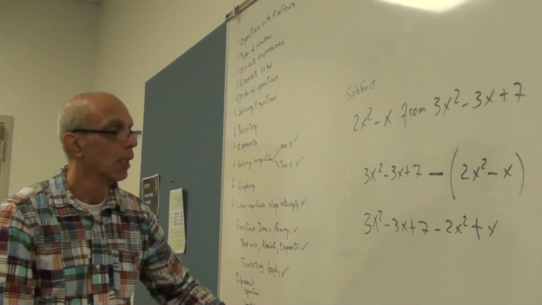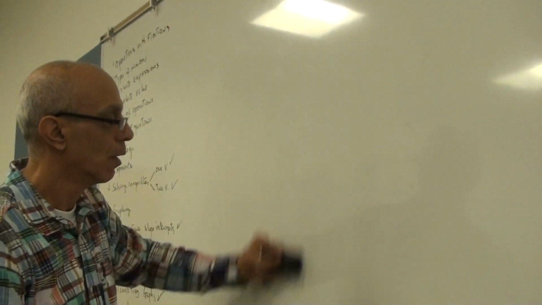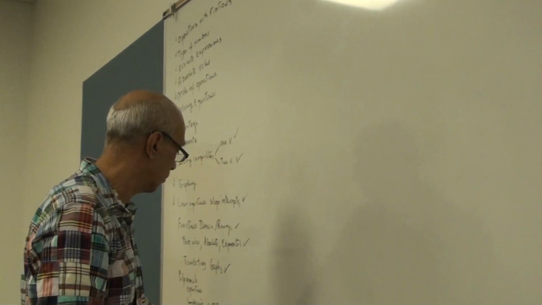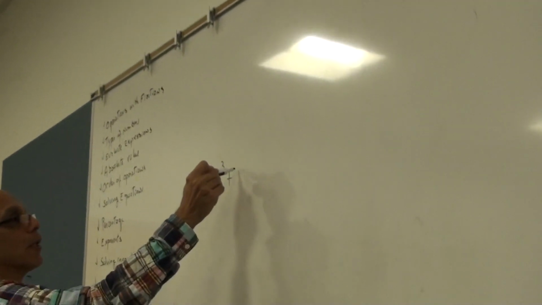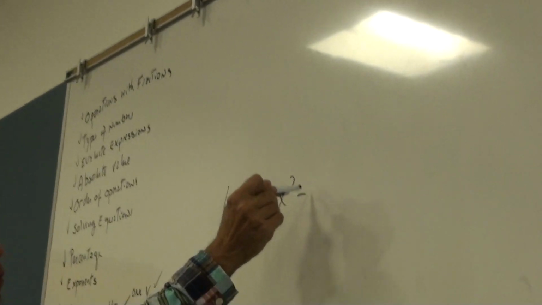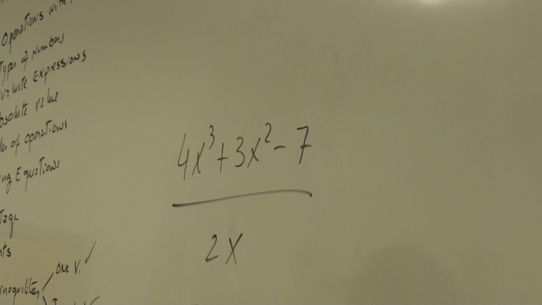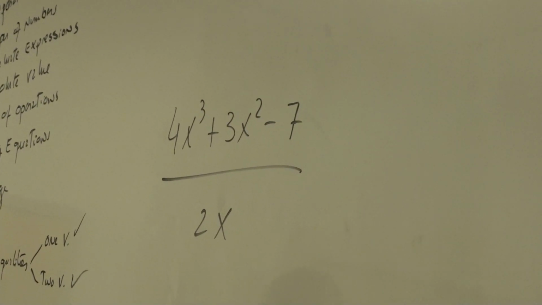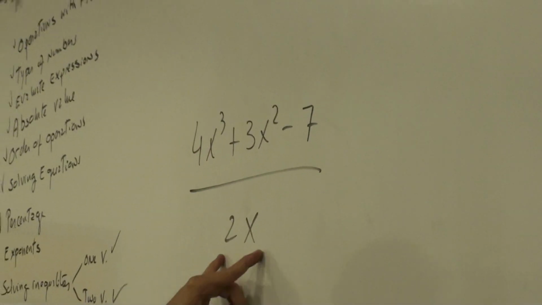All right? And the last topic is division. How to divide, if I have, for instance, 4x cubed plus 3x squared minus 7 divided by 2x, how are you going to do that division? Well, this here is a polynomial, and here we have a monomial.